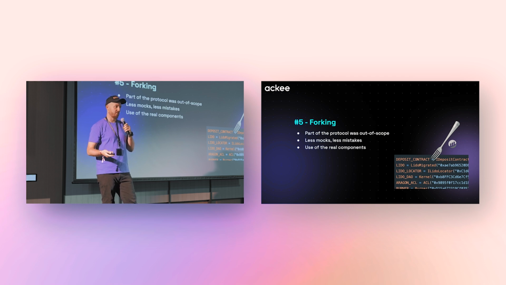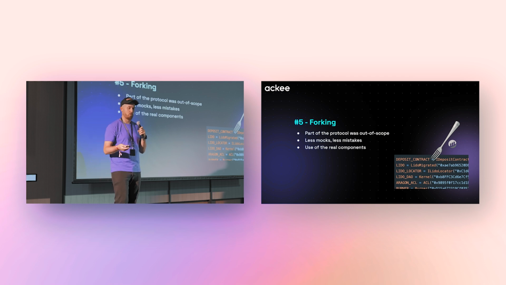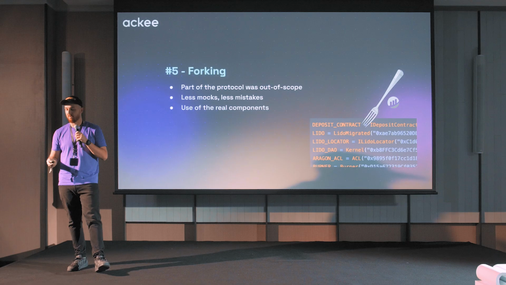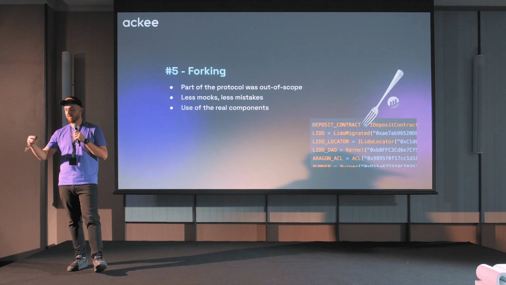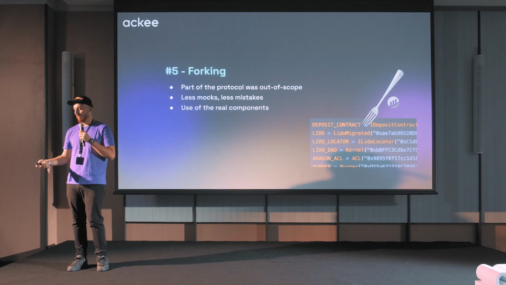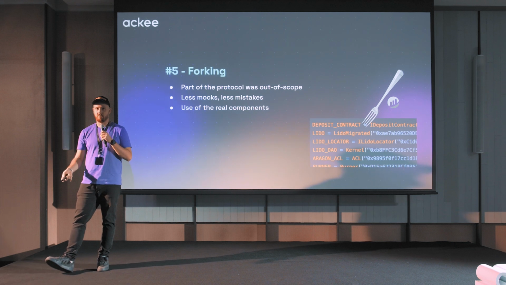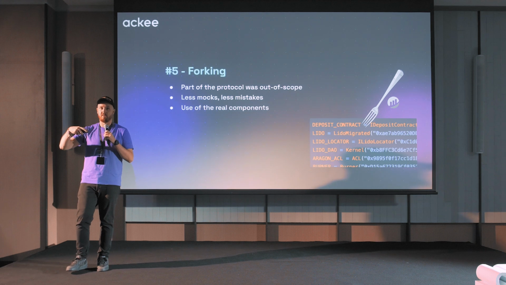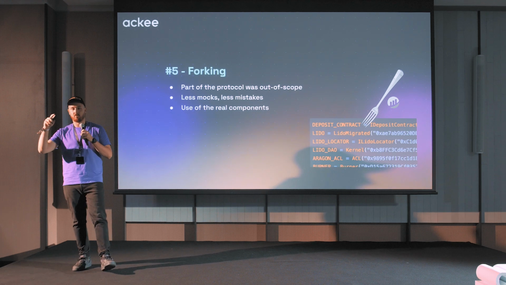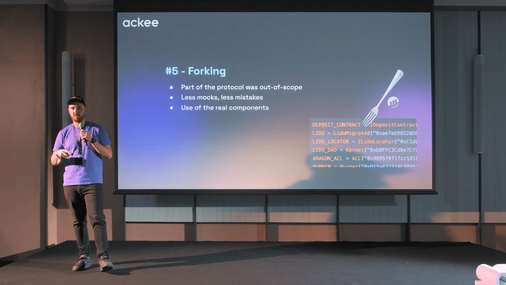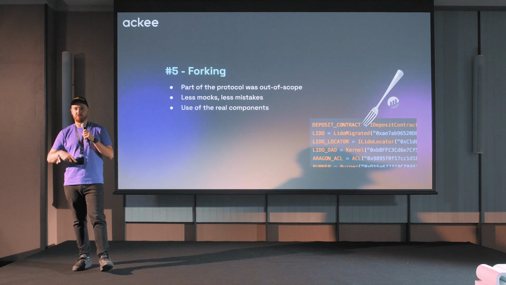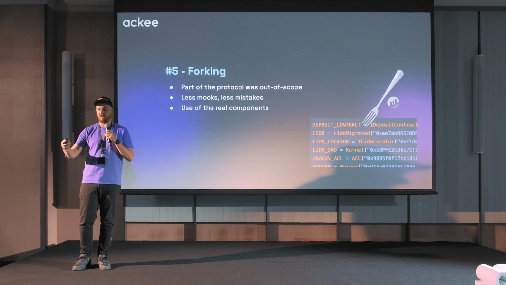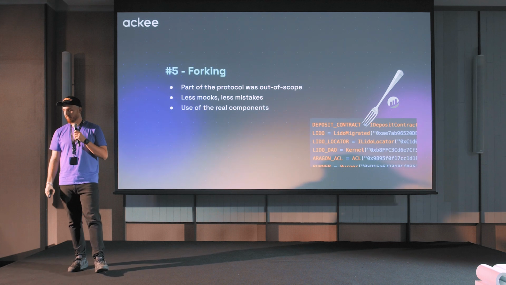This gives us more realistic scenarios for testing, and thanks to that it's a very quick implementation. For example, with the Lido locator, we just fork it into our tests, and we have all the addresses of the contracts on the mainnet. If we want to pass our locally deployed address, we just upgrade it and pass the new address to it.